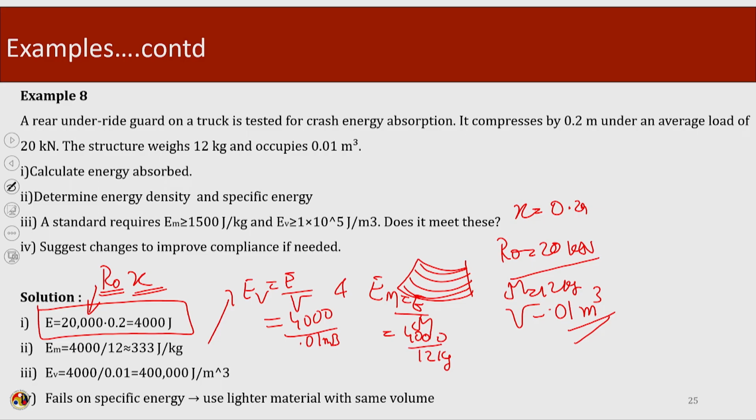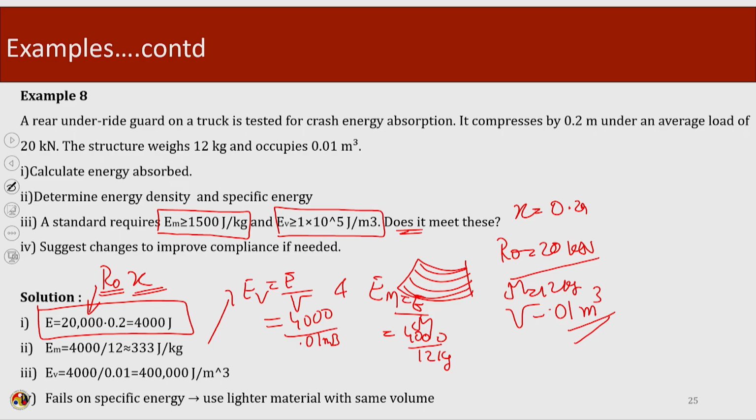We calculate the specific energy and the energy density, and compare them with some standard requirements. According to the specification, energy per unit mass should be greater than 1500 joules per kg and energy per unit volume should be greater than 10 raised to the power 5 joules per cubic meter. We are asked to see whether this underride guard meets these requirements.